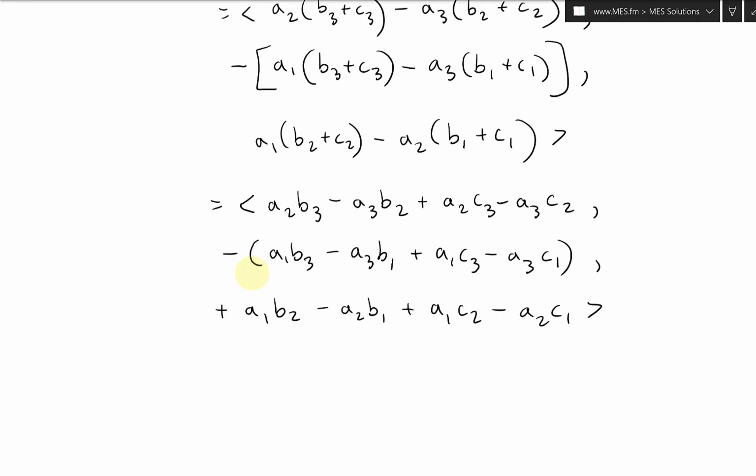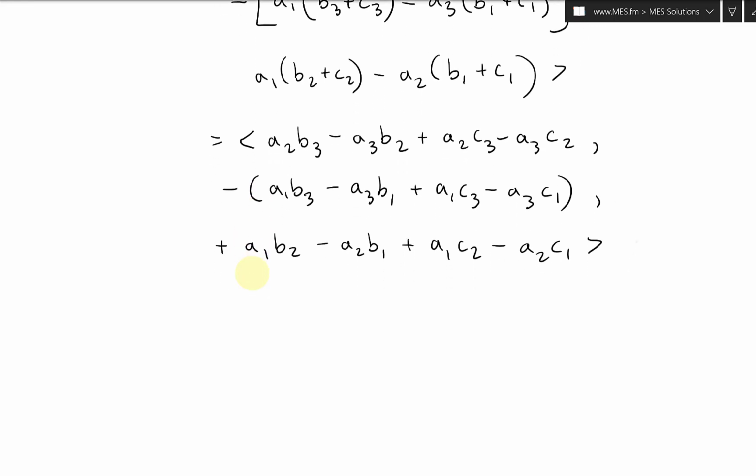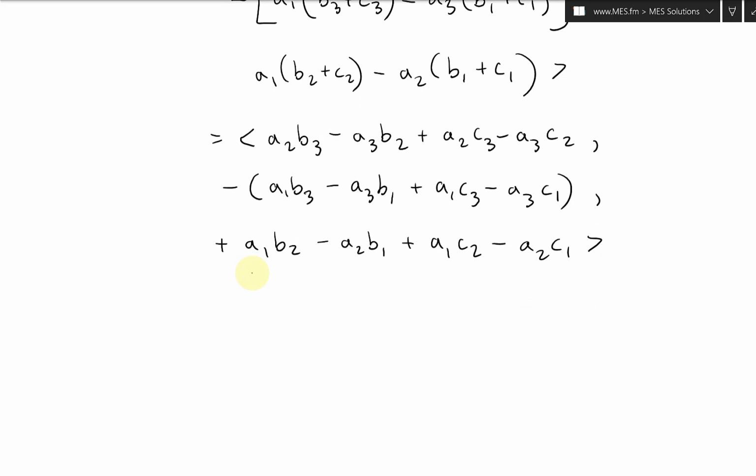Alright, so now we have all this, and notice what we have. These are all separate. All these components right here, A2 B3 minus A3 B2, then this one with this negative sign, A1 B3 minus A3 B1, then A1 B2 minus A2 B1, this is equal to A cross B, like that.